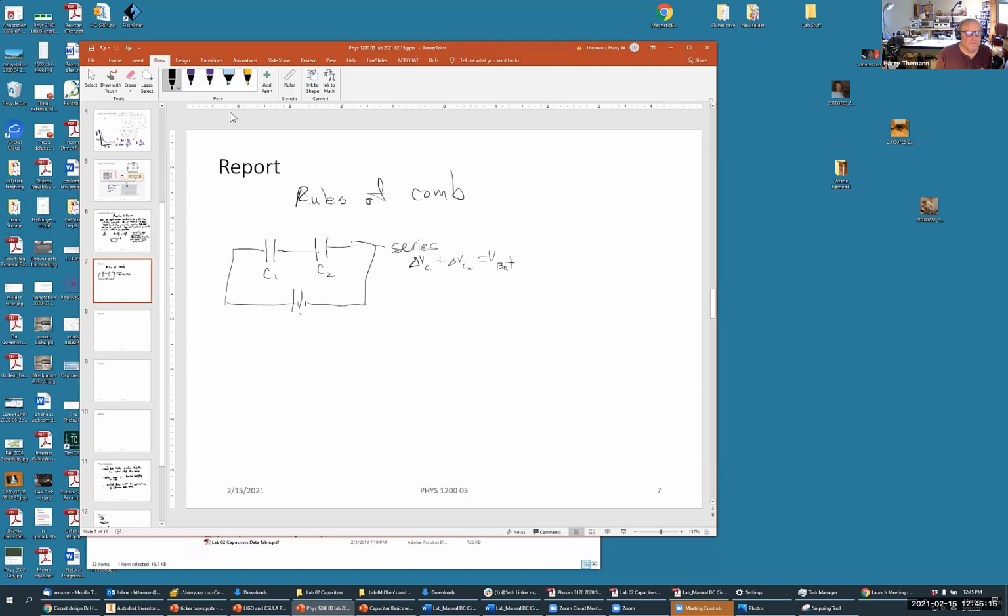So this implies, and we have the basic equation, V equals Q over C. So this implies Q1 over C1 plus Q2 over C2 equals Q over C total.